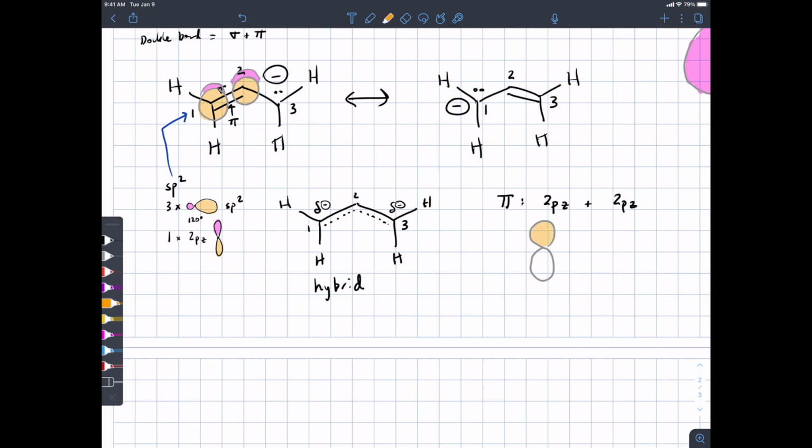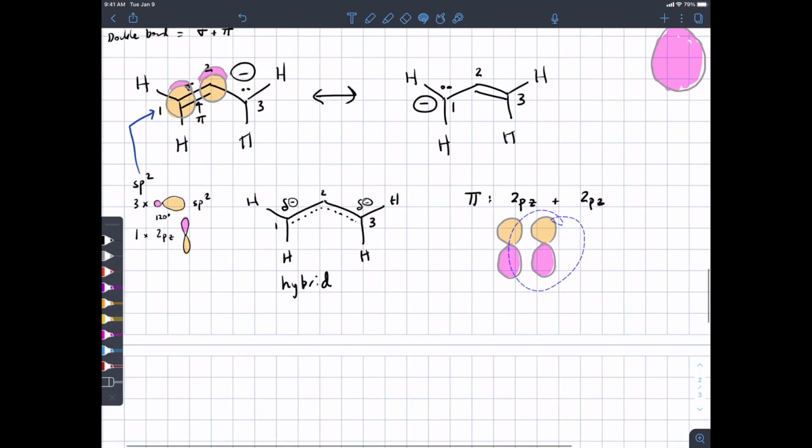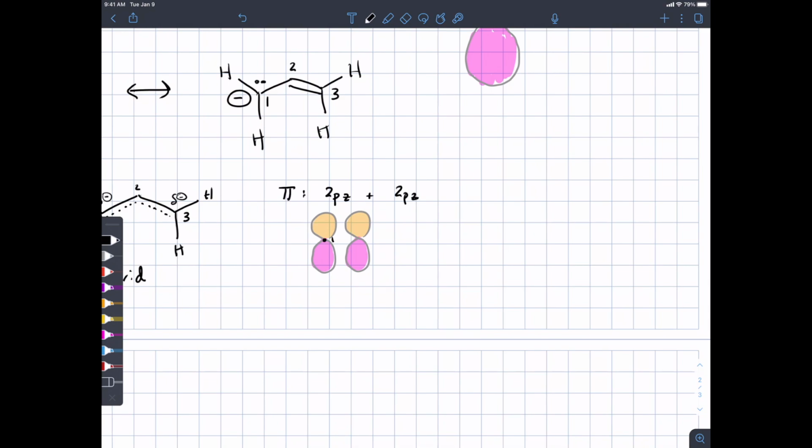And if we do this with the in-phase constructive interference combination, you get side-by-side overlap. If here is carbon 1 and here is carbon 2, the pi bond really looks like a lobe of electron density above the plane that contains atoms 1 and 2, and then a lobe of electron density below the plane that contains those atoms. So this is what a pi bonding orbital looks like. Does that look somewhat familiar-ish?